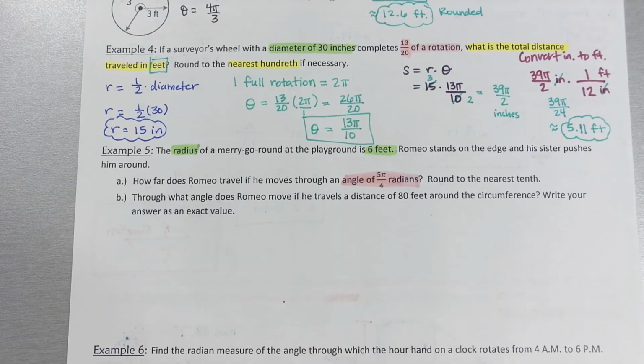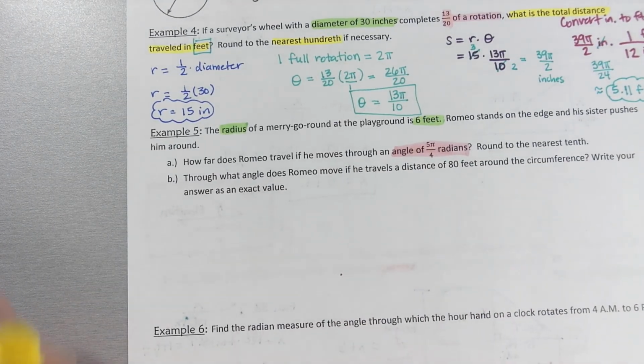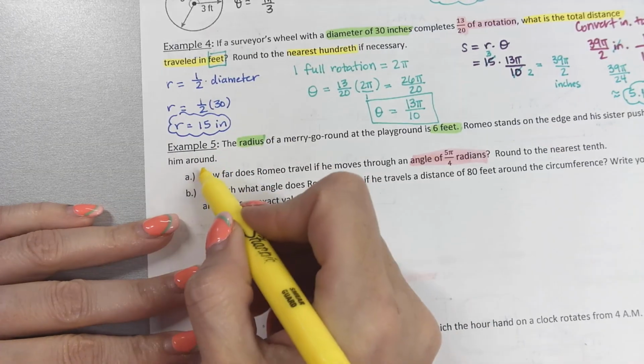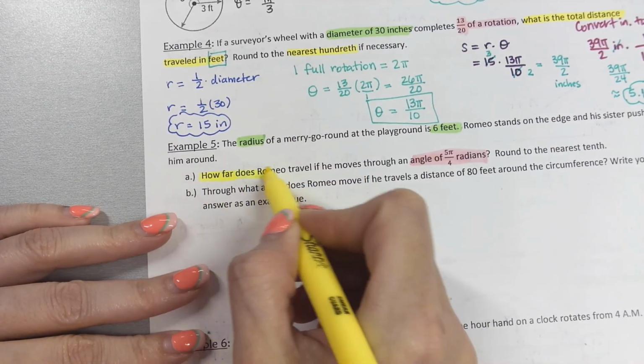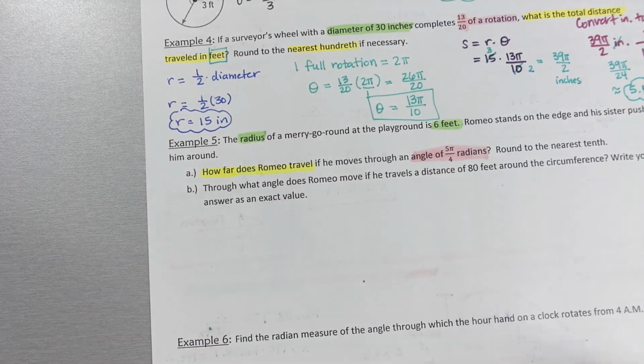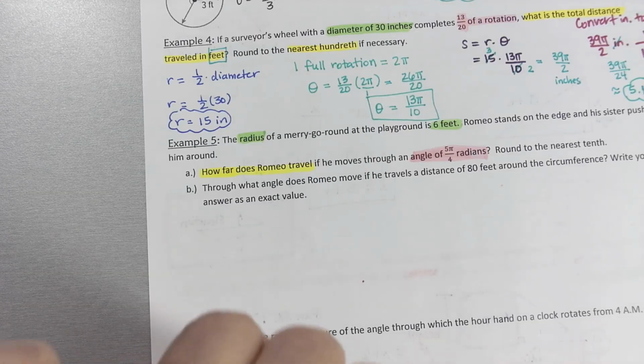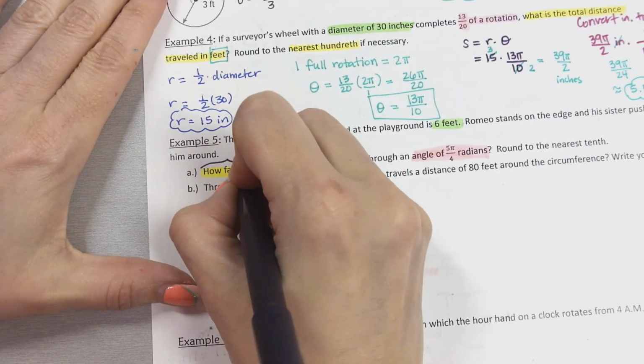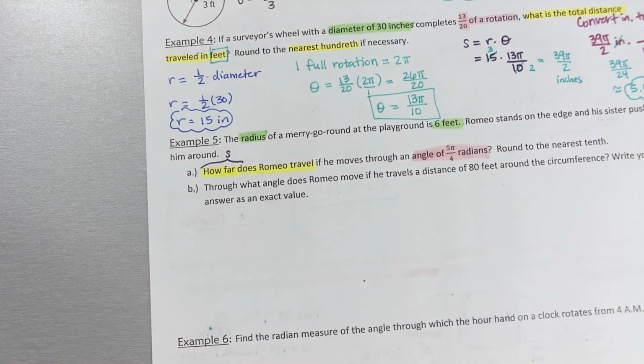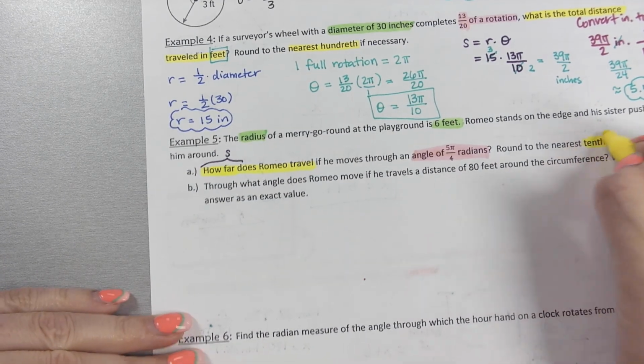We're going to round that to the nearest tenth. Notice it's asking you how far. Whenever they're asking you how far, what you are trying to find is the arc length S.